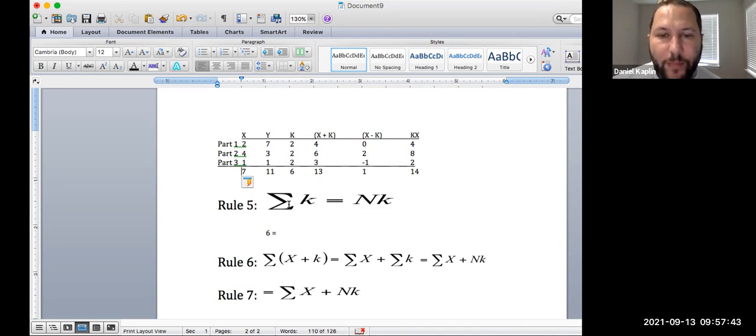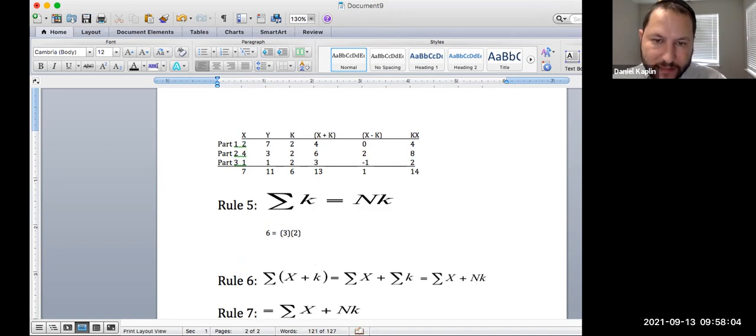So I just labeled them number of participants. But the trick is just count down the column and see how many you have. So in this case, I have 3 participants, right? So n of 3 times the k, what was the k constant? 2, right? So let's see if that rule balances. 6 equals 3 times 2 is 6, right? So that rule does balance indeed.